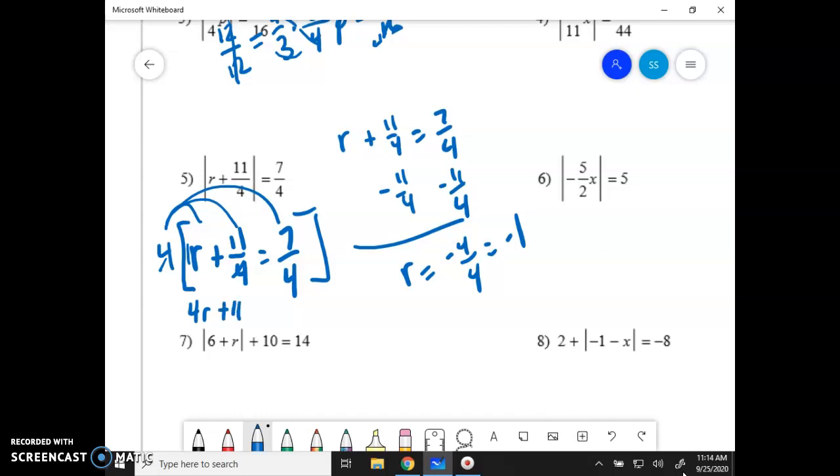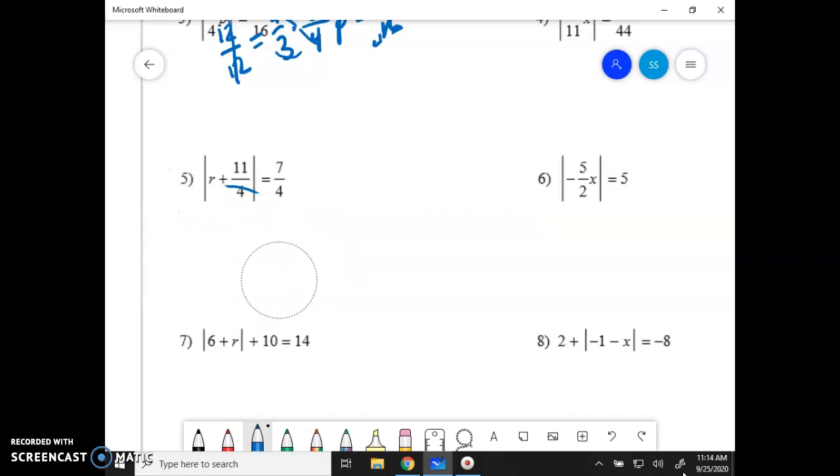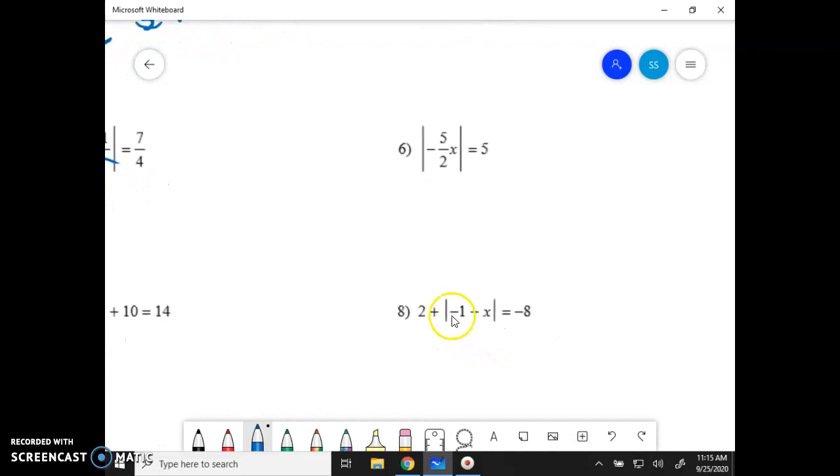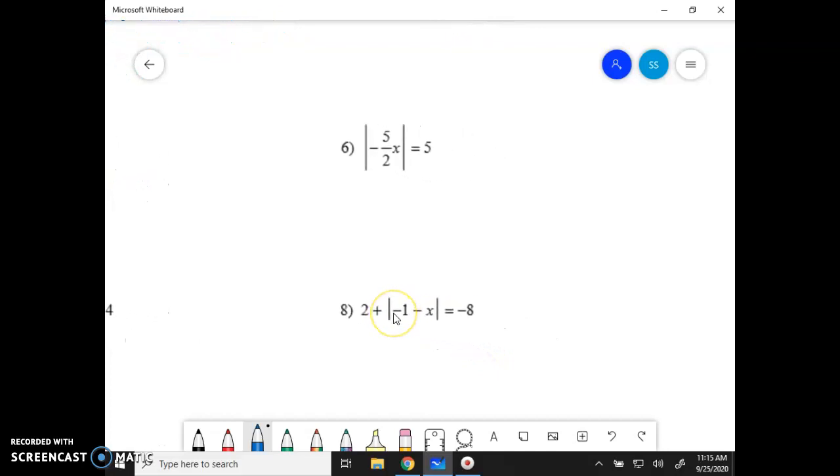And then you'd do the third distribution, and this would cancel out, and you'd get 7. And that way you're not dealing with fractions. So if you want to do that, you certainly could. But you can absolutely just use a calculator if you want to use the fractions. But honestly, that might be a little bit faster. I show you guys a version of that with number 6 here.